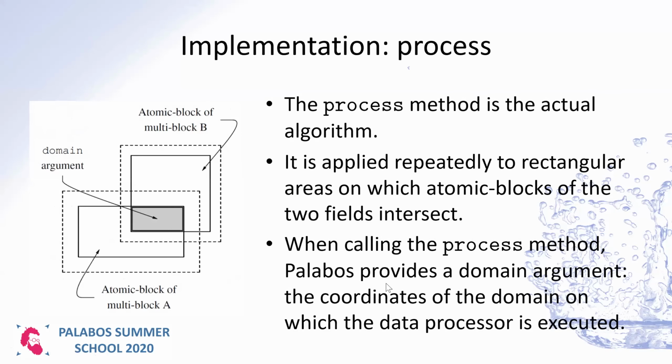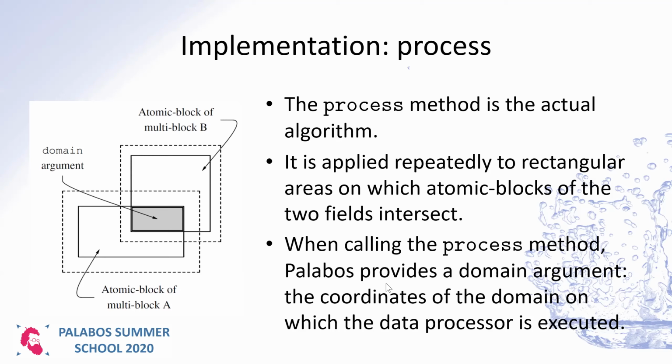Now let's go to the implementation part of that data processor. That's how to write the process method. As I told you, you are going to write an algorithm that says what to do on every cell of your multi-block. And Palabos is going to split the application domain of the data processor into smaller domains.